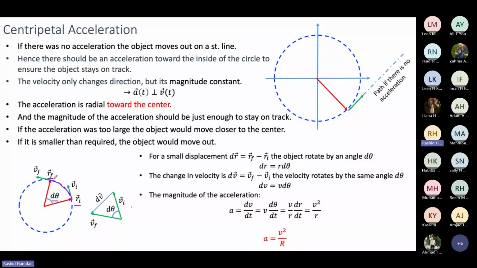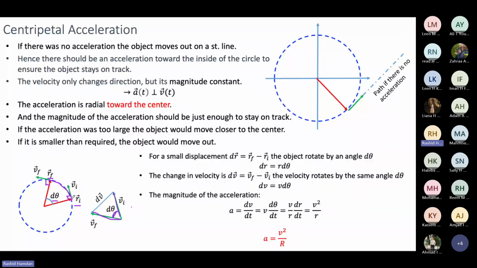Now, V initial is perpendicular to R initial. V final is perpendicular to R final. So if I draw V initial and V final from the same center, this is V initial, this is V final. The angle between them is the same as the angle between R initial and R final.